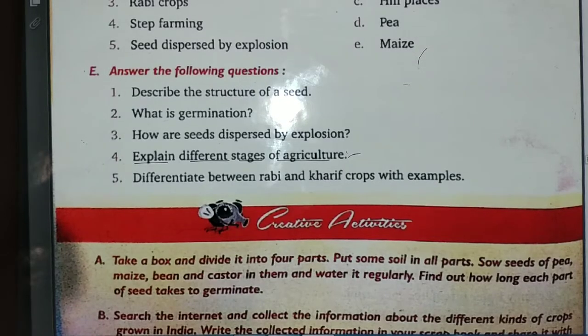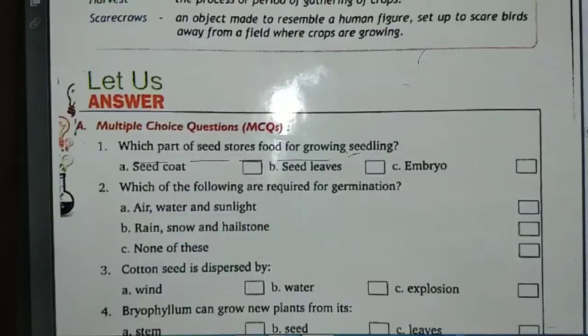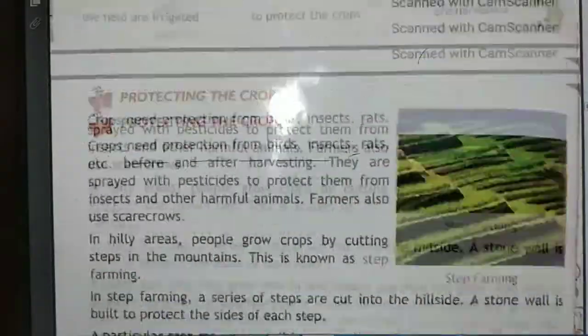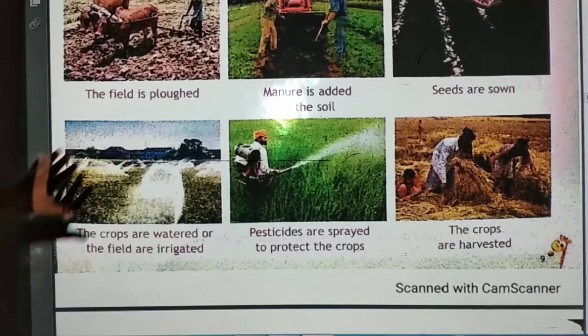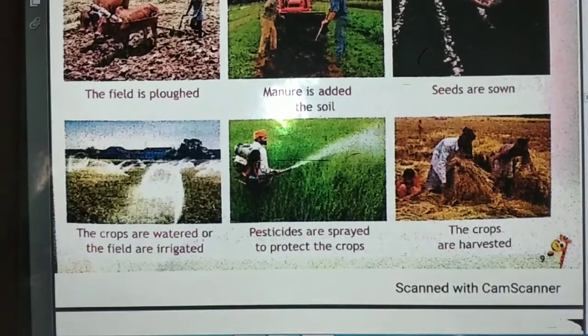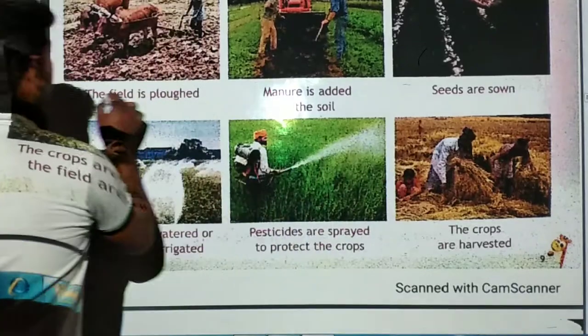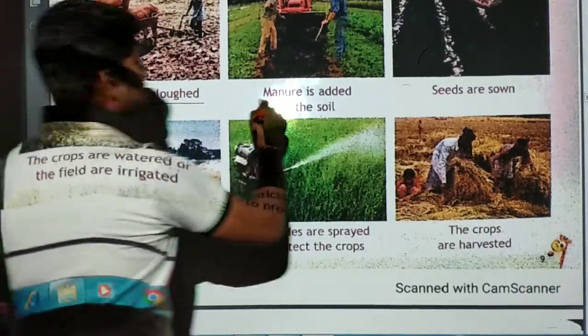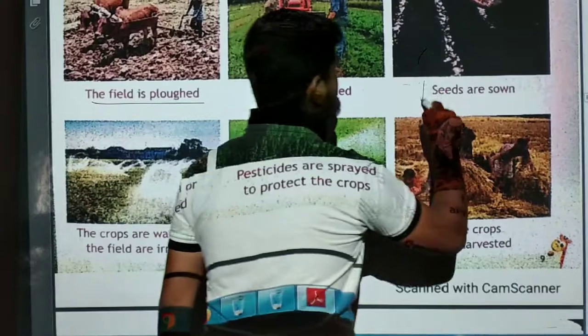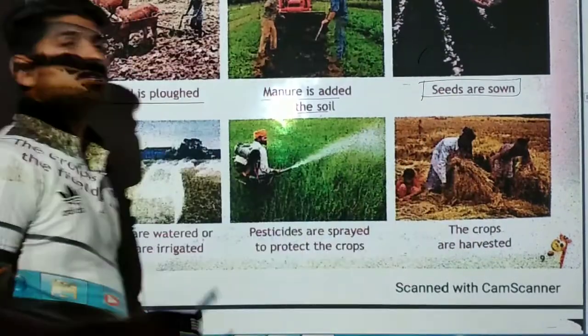First the field is ploughed, second manure is added to the soil, and third the seeds are sown.